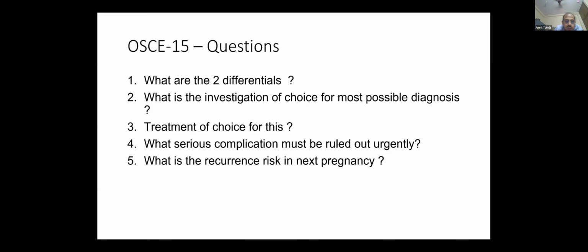So if you want to see the scenario, this is at 6 hours, 18,000 platelets. Mother's platelets are normal. Baby is well. What is the possible diagnosis? Or maybe two differentials you can mention. And the best possible diagnosis, what is the investigation?